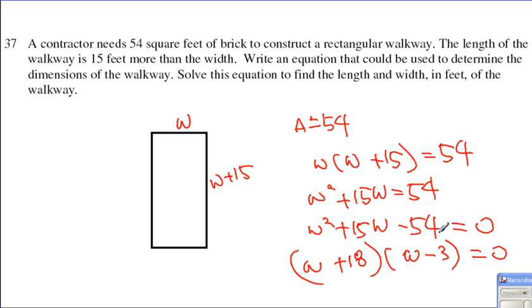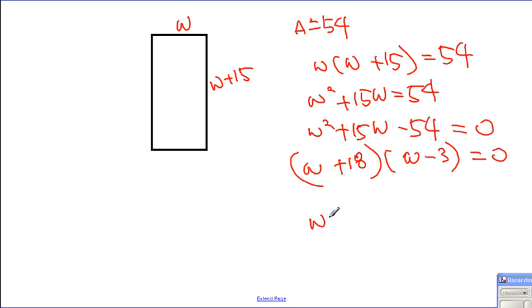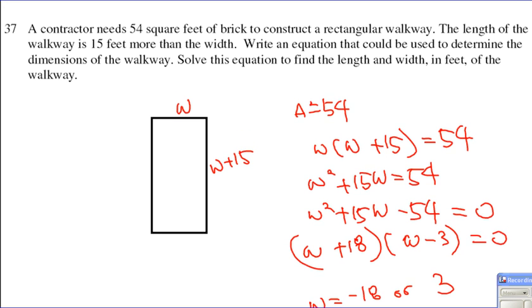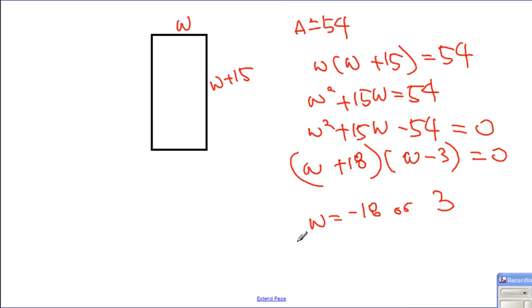Those two multiply to negative 54, but when you add them up, it becomes positive 15. Therefore, once again, T-chart would have given us W equals negative 18 or 3. Of course, it's got to be 3, because it cannot be a negative number.